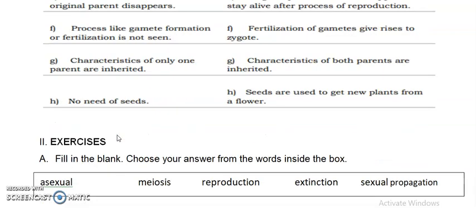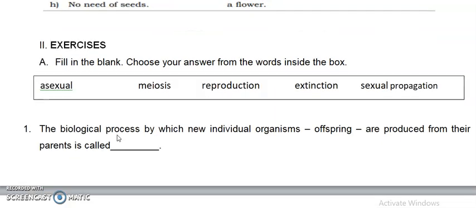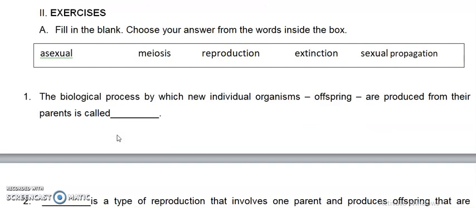So, any questions? To check your understanding, please answer the following exercises. Number 1: the biological process by which new individual organisms, or offspring, are produced from their parents is called what?